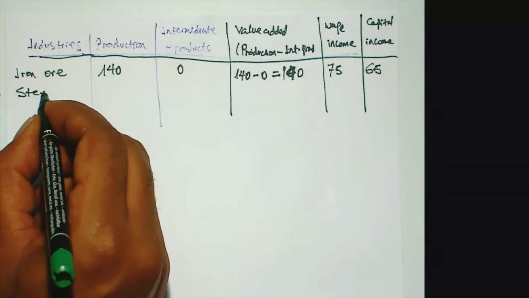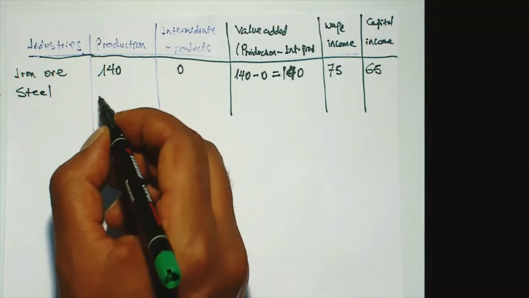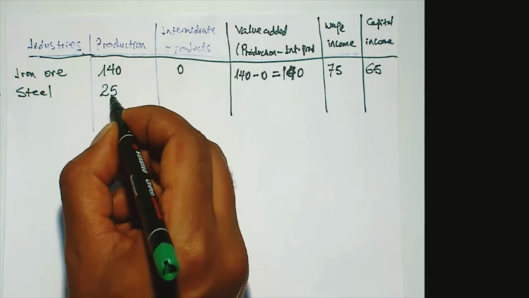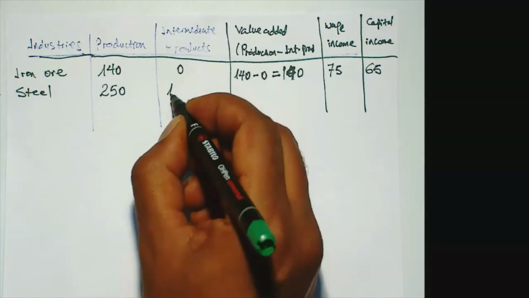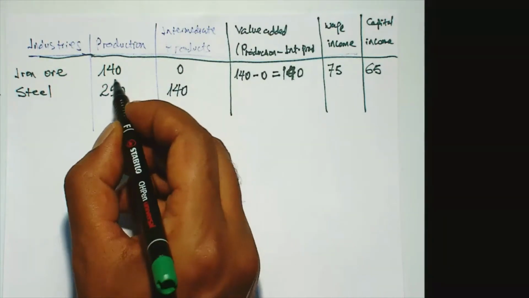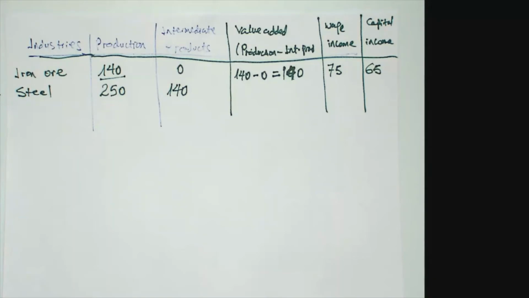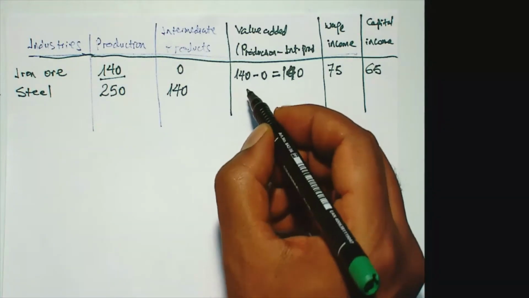The second industry is a steel industry. In the steel industry, we have said we have a production of 250 euros worth steel, and they take an input from the iron ore industry, as we have seen here in the iron ore case, for a value of 140 euros.